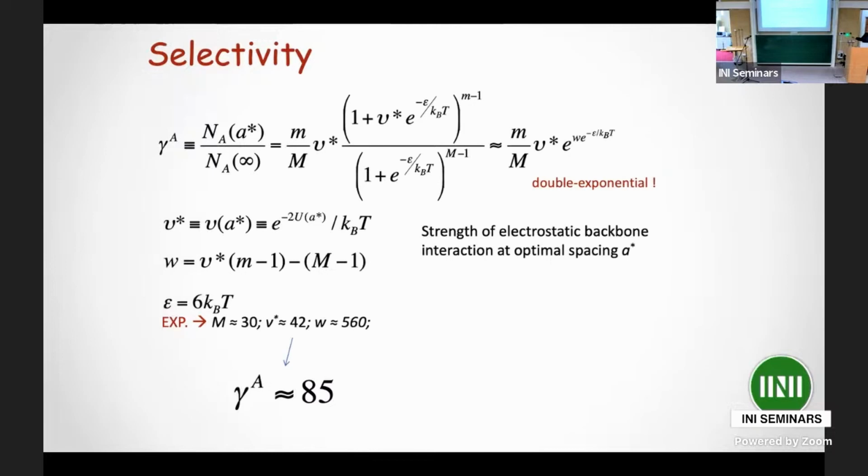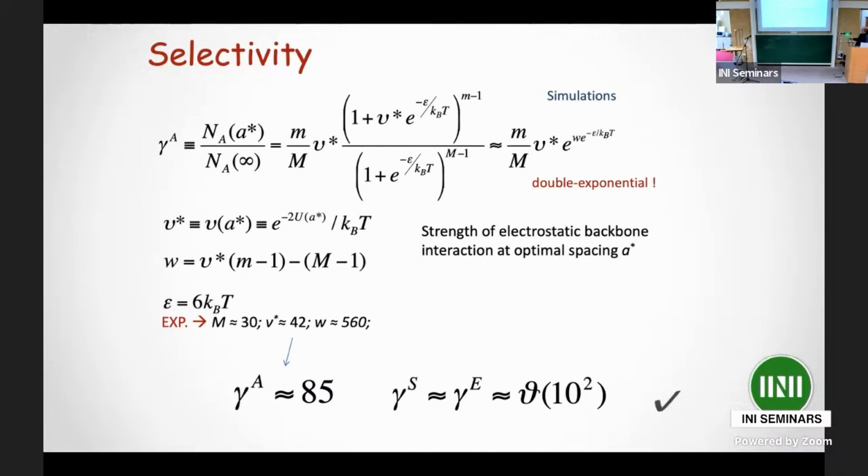So the number of active receptors at a given lattice spacing divided by the number of active receptors at infinite lattice spacing is the selectivity parameter that we define. From the experiments that we had before, we could estimate that it is of the order of 100, let's say. And from our simple simulations, we could also confirm that this is of the same order.